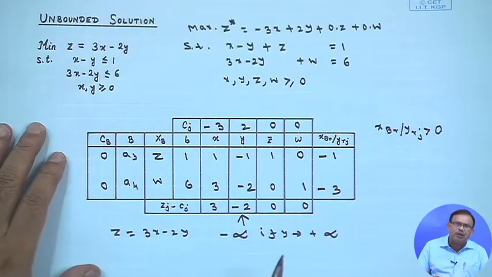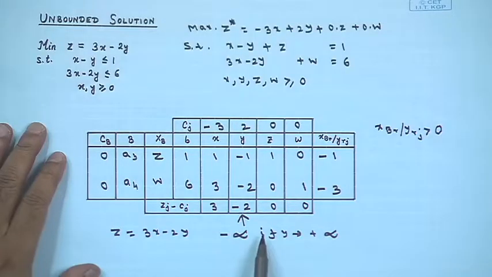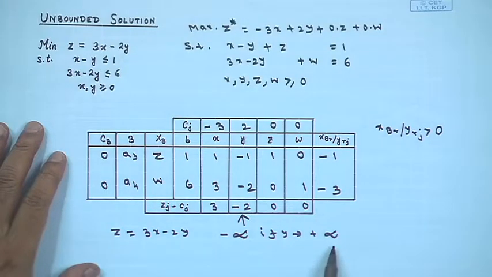That means as you increase the value of y, the value of the objective function will go on decreasing. So, there is no minimum value. Therefore, for this case the solution is unbounded. You will obtain an unbounded solution, meaning there is no optimum solution, and the reason is quite clear: whenever y approaches plus infinity, the objective function decreases to minus infinity.